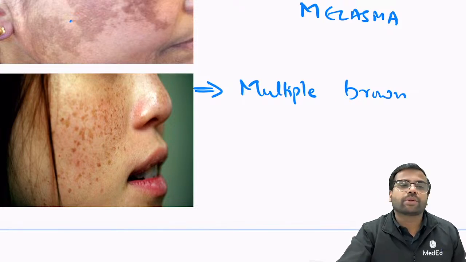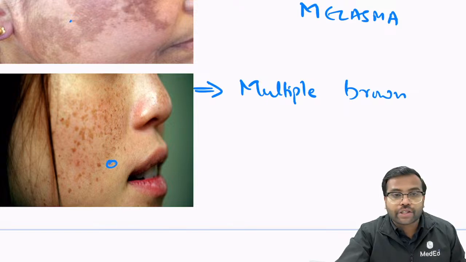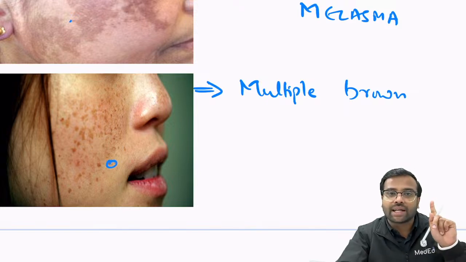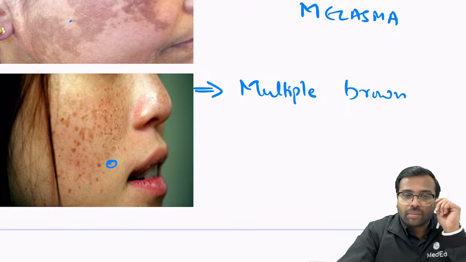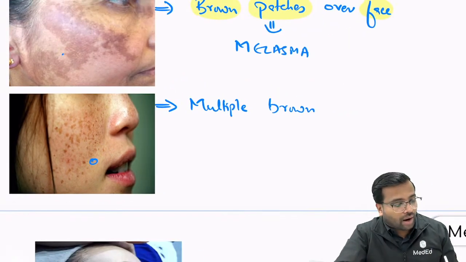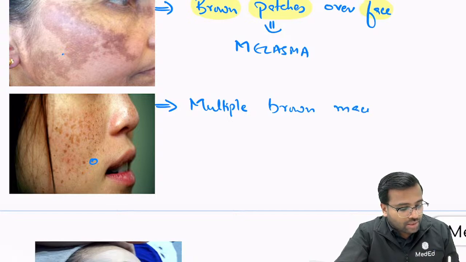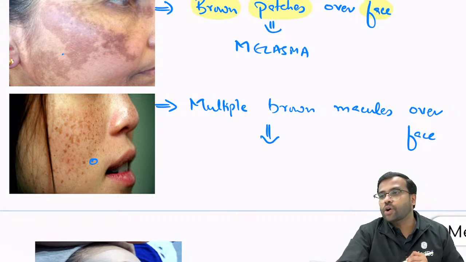So what is the difference between a macule and a patch? A macule are always small, isn't it? Less than 1 centimeter in diameter, we call it as a macule. More than 1 centimeter in diameter, we call it as a patch. So multiple brown macules over the face. Now what is this called?